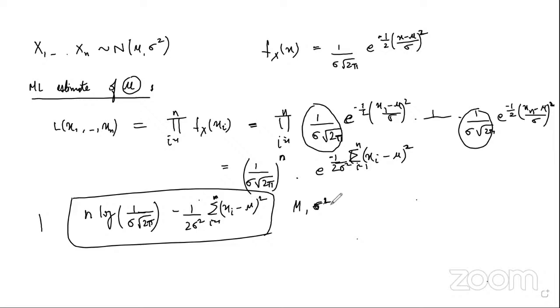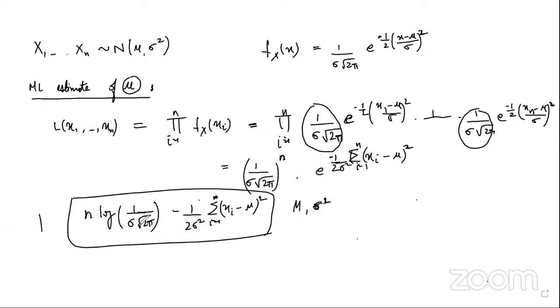We can differentiate with respect to mu for finding mu. Yes, Kevin has answered in the chat box. We have to treat the other parameter as a constant. So we can treat sigma as a constant and differentiate with respect to mu only.